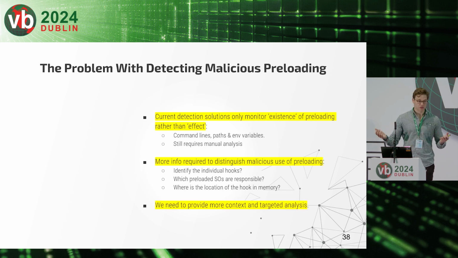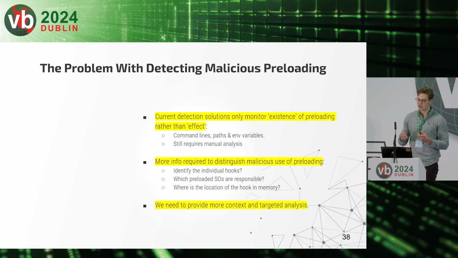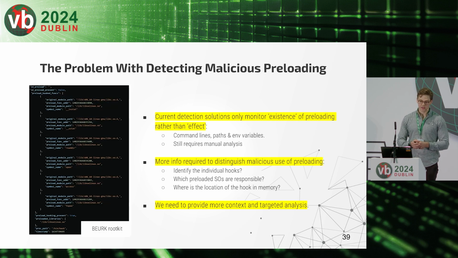So I thought, let's build some better telemetry where we can see those hooked functions, the preloaded object responsible for the hook, the location of the hook in memory, and the original shared object the function was hooked from. So on the left is some more example telemetry from a tool I developed, and I ran it against the Bjorka anti-detection, anti-evasion rootkit.